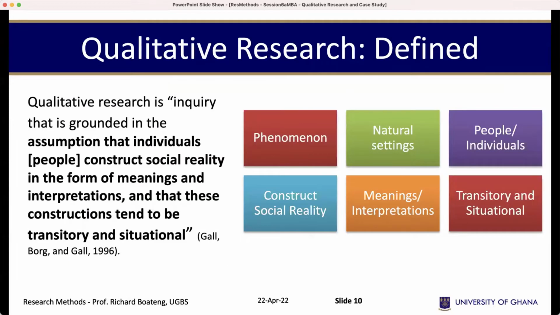You, the researcher, have to note that the qualitative research process is an inquiry that is grounded in the assumption that people or individuals construct social reality in the form of meanings and interpretations. That social reality was constructed for the scholar by the interactions he had with people.